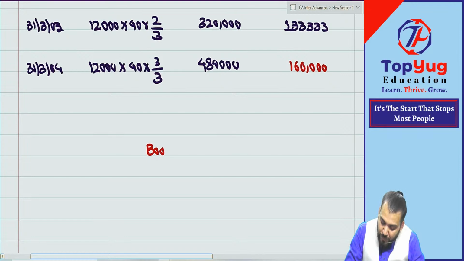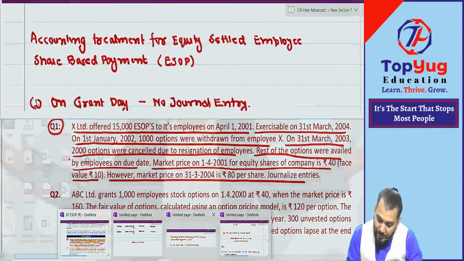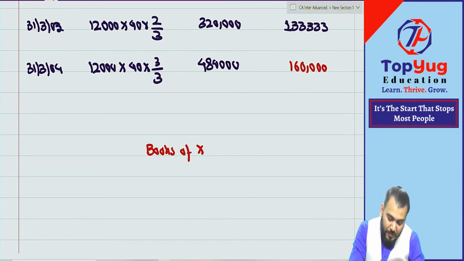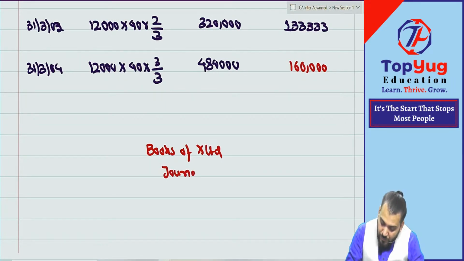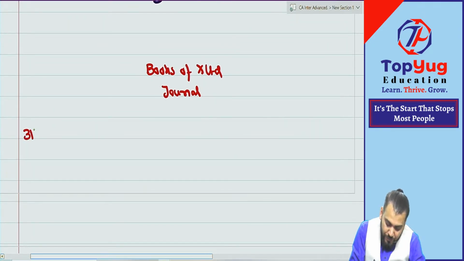It is a books of which company? XYZ. I don't know the name. I have forgotten the name. X Limited, right? X Limited. Journal. First journal entry 31st March 2001, 2002.